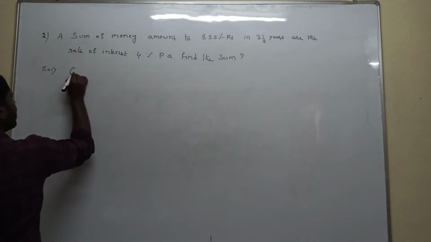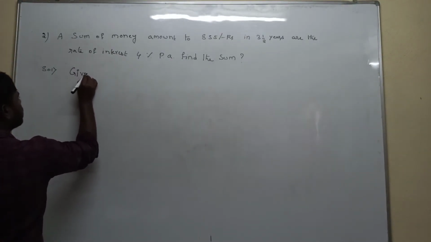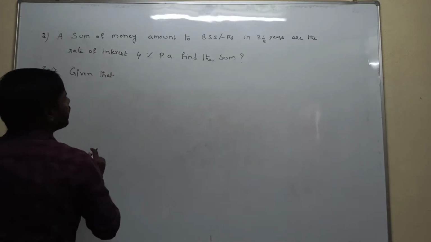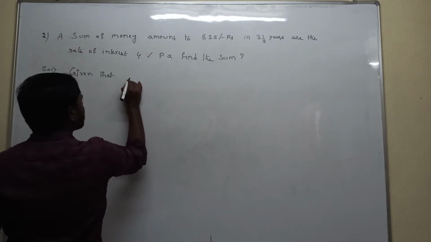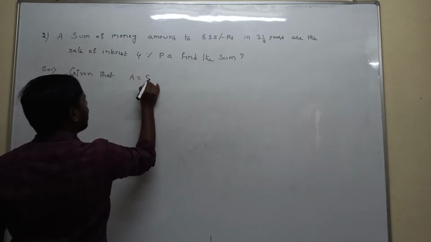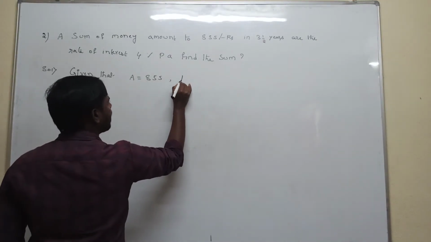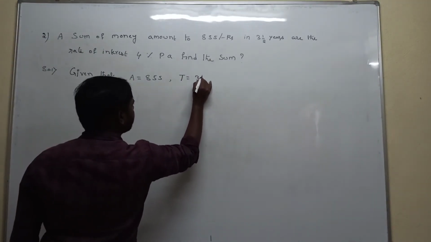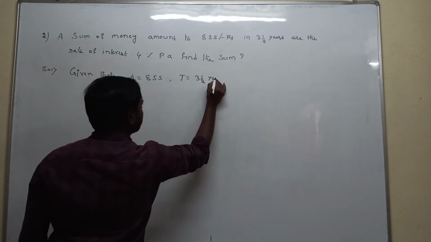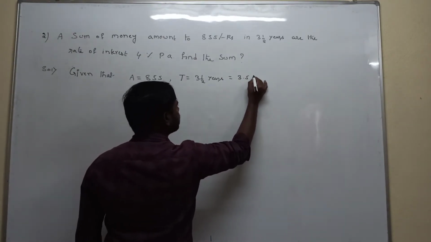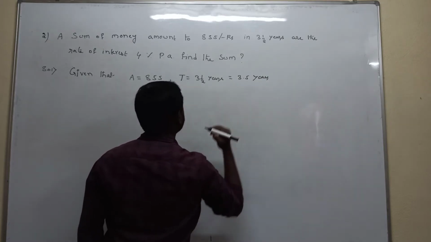First of all, we will write the given values. Amount is denoted by capital A. Total amount given is 855 rupees. What is the time given? 3.5 years.